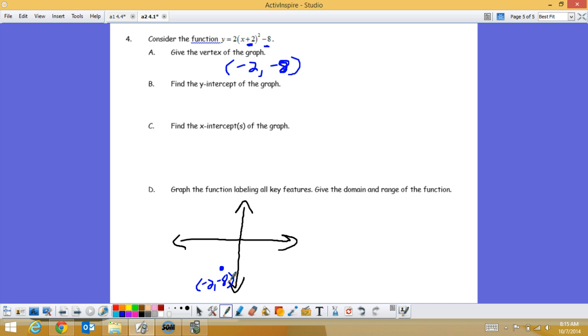And to find the y-intercept of this graph, plug 0 in for x. And then do the arithmetic. So 0 plus 2 is 2, squared is 4, times 2 is 8, 8 minus 8 is 0. So that is the y-intercept.